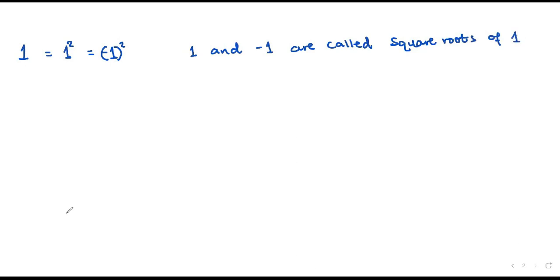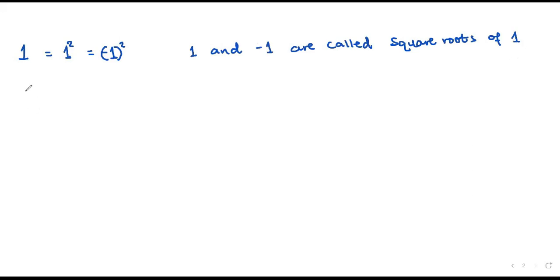You understand that? When we say, what is the square root of 1? The square root of 1 is 1 and -1. It means that what number can you multiply by itself to get 1? In order to get 1, I can get 1 times 1, or I can get -1 times -1. So that's why we say that 1 and -1 are square roots of 1.